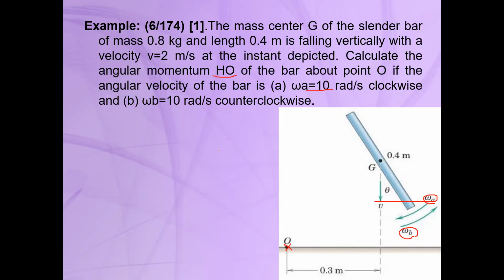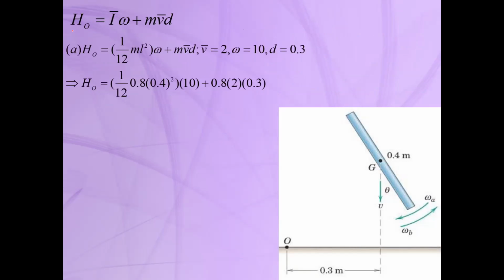Okay, so now we use the second equation, as I told you. Sorry, the first equation, I'm sorry. This is H_O, as you can see, the angular momentum about point O. So we need to find the mass moment of inertia about the mass center times omega, plus m v-bar d.